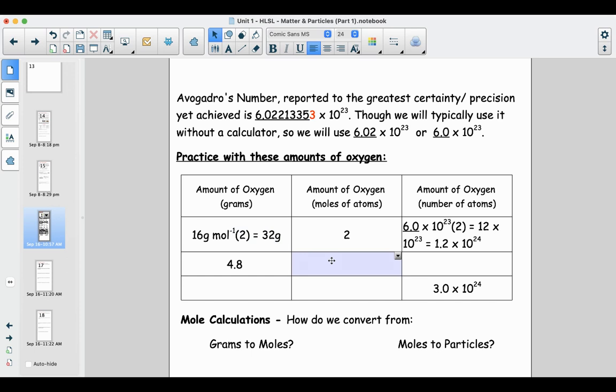The mole is just a large number of particles. It's a very, very large number of particles. 6 times 10 to the 23rd is an absolutely enormous number, which we'll talk about in class. But really, it's a way of talking about how much matter we have, how many particles we have, saving us the trouble of trying to count them, because it's truly impossible.